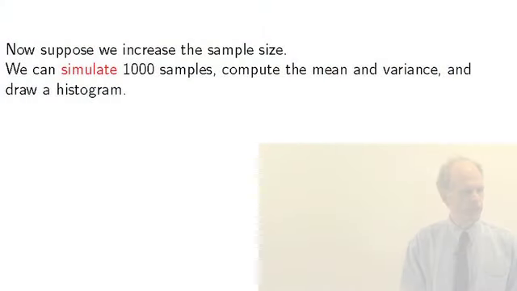And so what I'm going to demonstrate here is for the same example, where we have possible values 1, 2, and 4, we're going to simulate lots and lots of samples, and for each sample we're going to compute the mean and the variance. And we're going to draw a histogram.